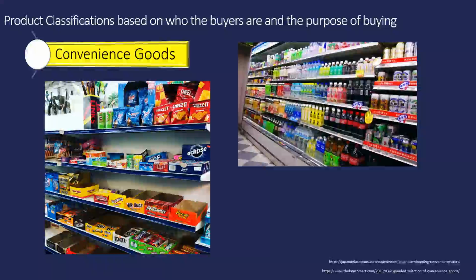Any convenience store, like Alfamart, Indomaret, or maybe you go to the airport, you will always find this kind of thing. You will need it daily. Some of them, like toothpaste, you also need daily. This is only some part of the convenience goods. Drinks, of course, you will need daily. Some people also need candies.